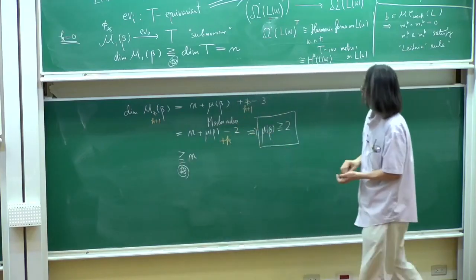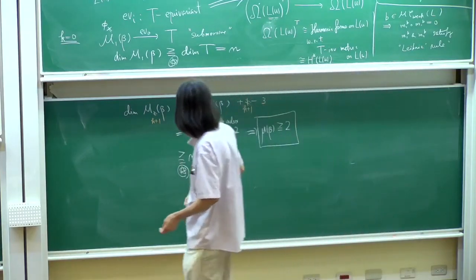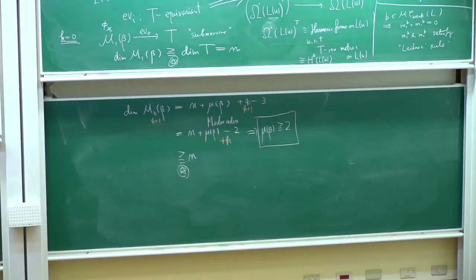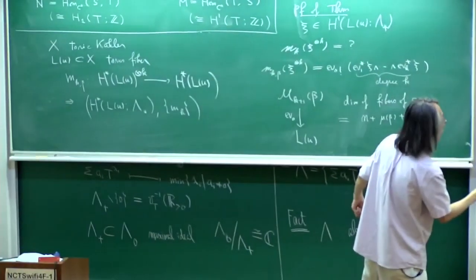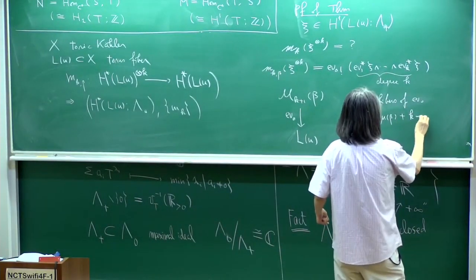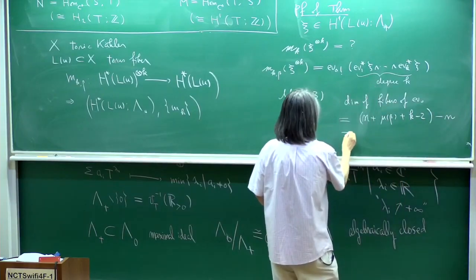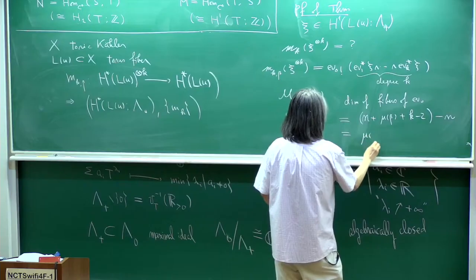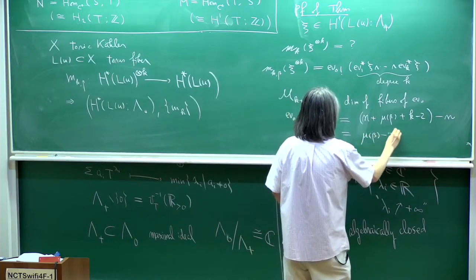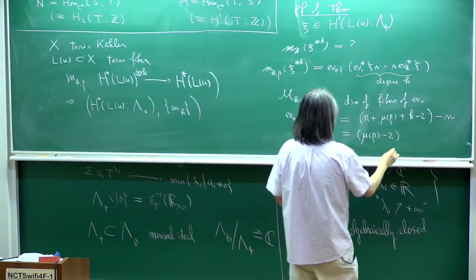So this one is actually n plus mu beta plus k minus 2 minus n. So therefore this one is equal to mu beta minus 2 plus k.